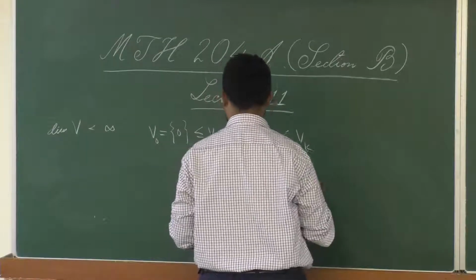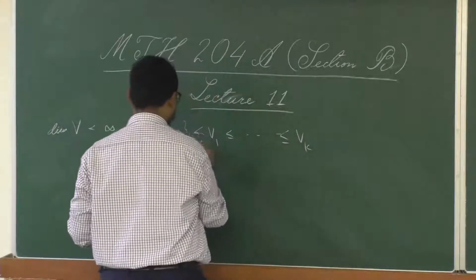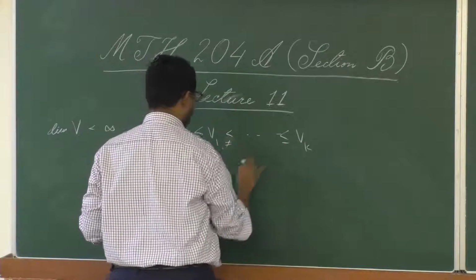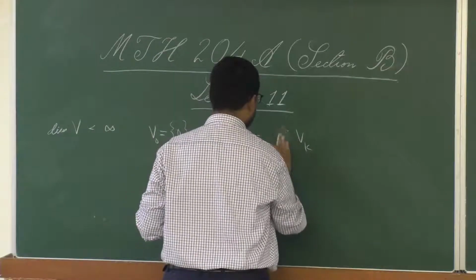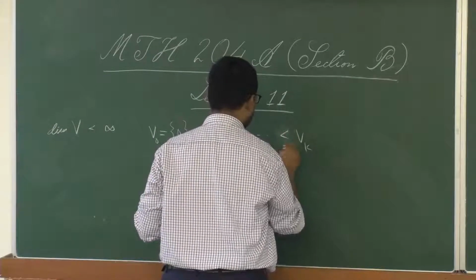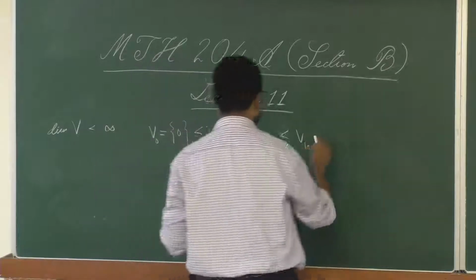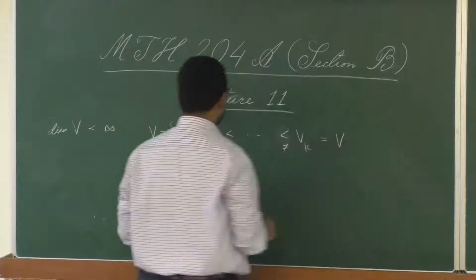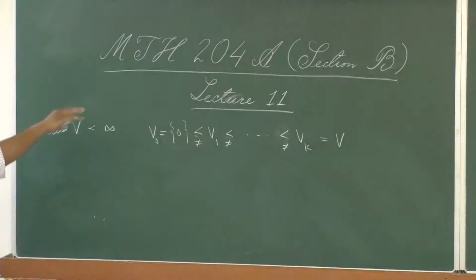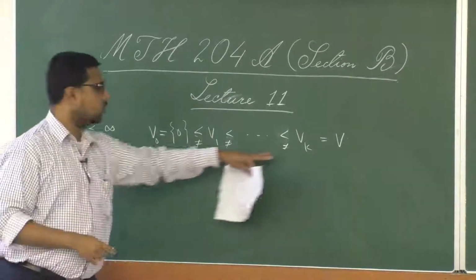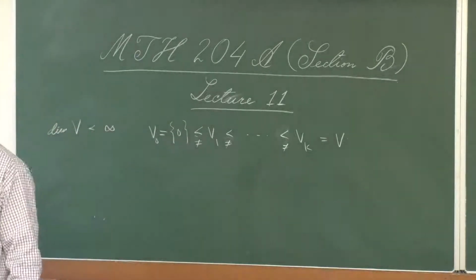In order to make things nice, we assume that all these containments are proper. So we say that this is a flag of length k.